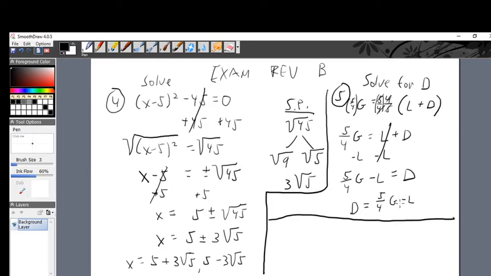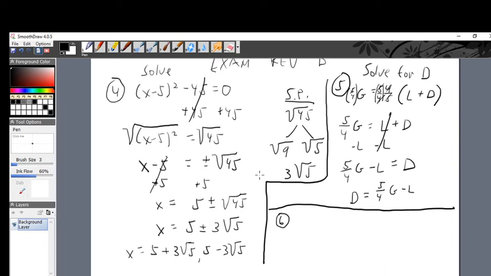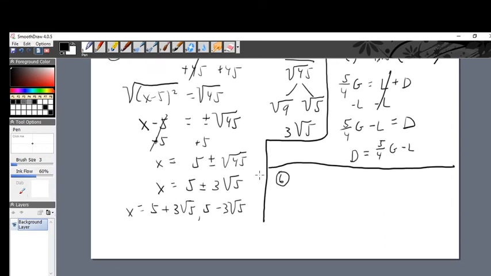Okay, let's go for problem number 6. I think that if I move the paper up, I can get enough room for problem number 6. Let's see what happens here. I think it will work. Okay, so let's get it started.